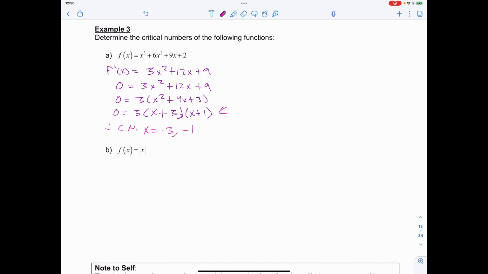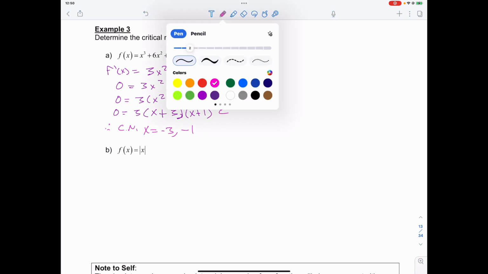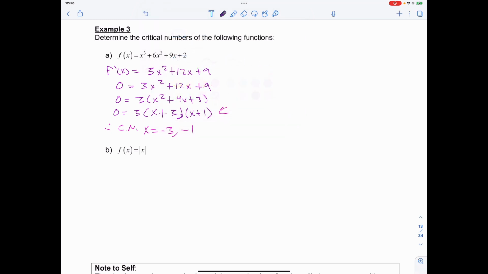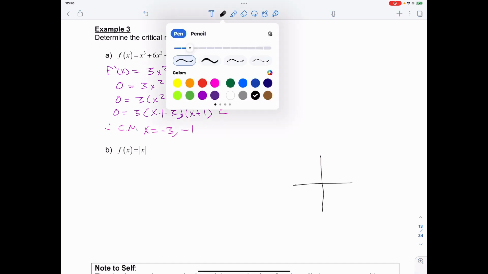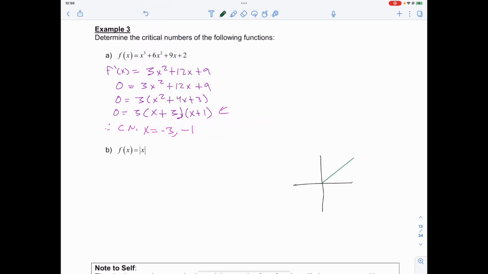If I'm doing it for f of x is equal to the absolute value of x, then remember, when we have the absolute value of x, we're going to have that cusp that exists at 0.